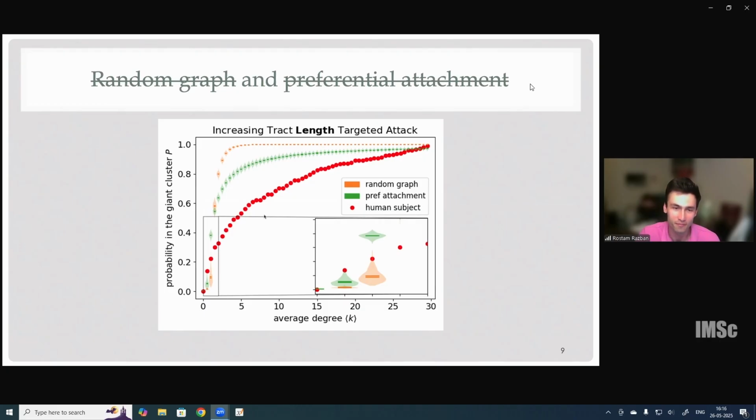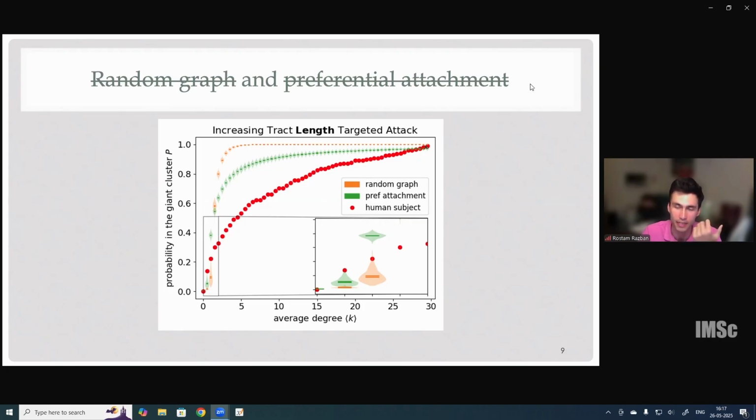But the first indication that this is probably not the case is in orange is the random graph simulations that we done. So we have these violin plots just showing the deviations of 1,000 runs. And in red is those lines I was showing before. This is just a human subject.